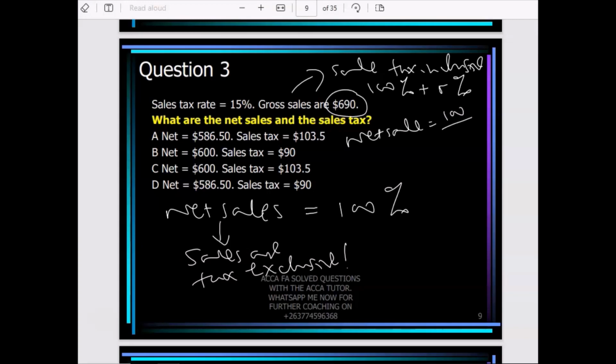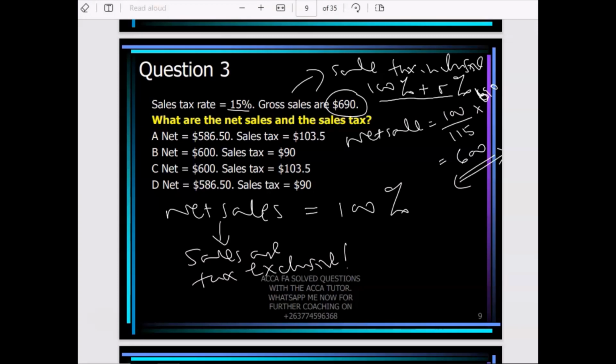Okay, over the gross sales, and I said the gross sales is the 100% plus R, so 100 plus 15%, which is equal to 115, multiplied by the figure of the gross sales, which was 690. Okay, I'm sure you are seeing this, ladies and gentlemen. So 100 over 115 multiplied by 690, and we must get a 600. That's the net sales figure, or the tax exclusive selling price.